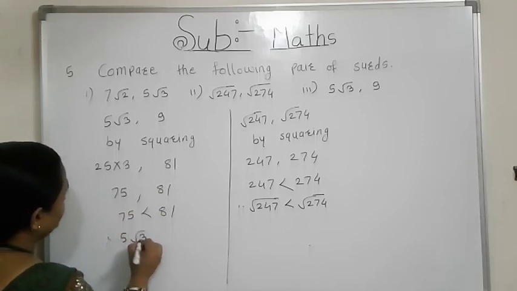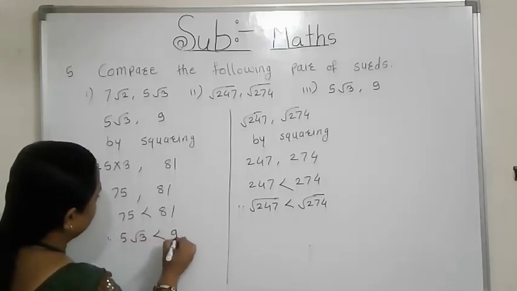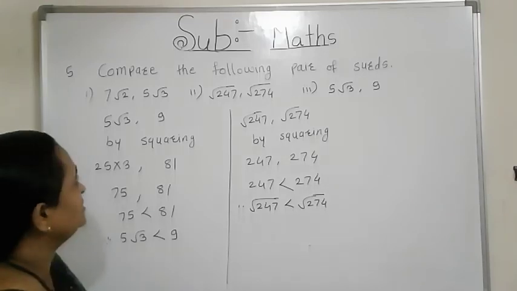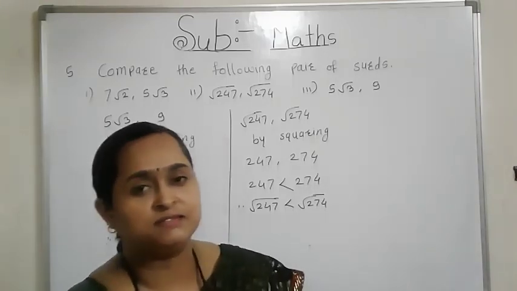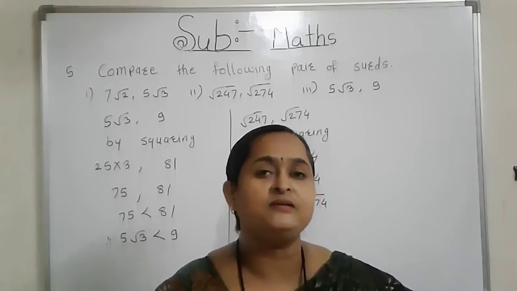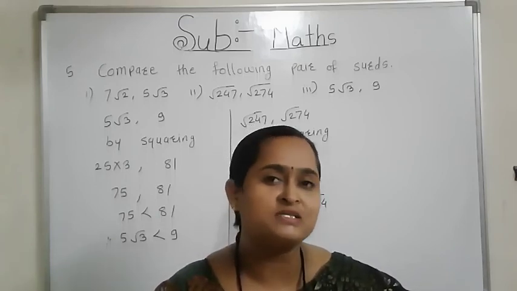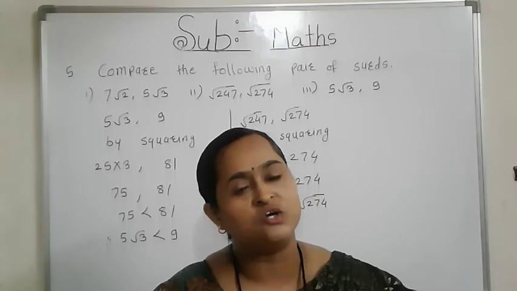Therefore 5 root 3 is less than 9. In this way you can compare the surds. Many examples are there, but I have selected only 3 examples. The remaining examples you can also solve in this way.